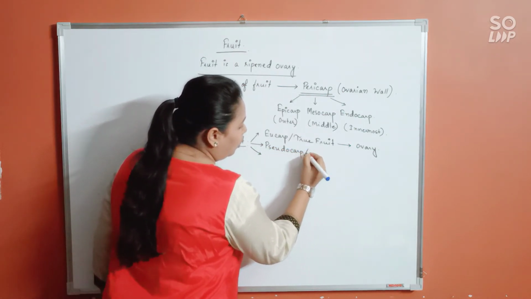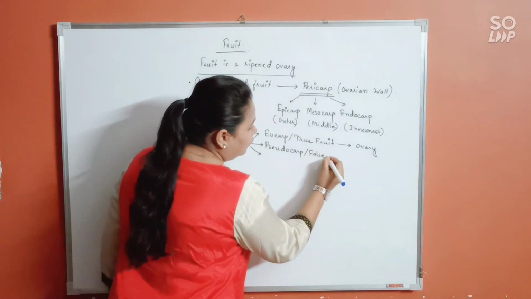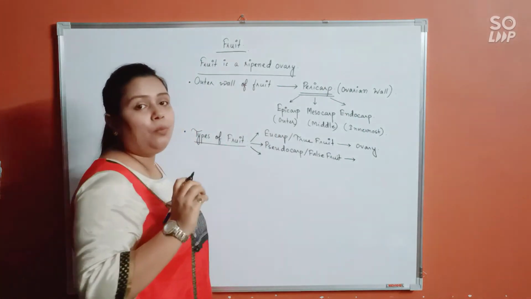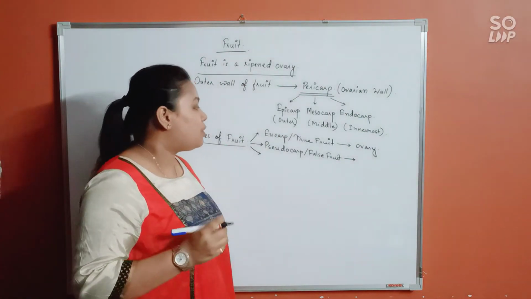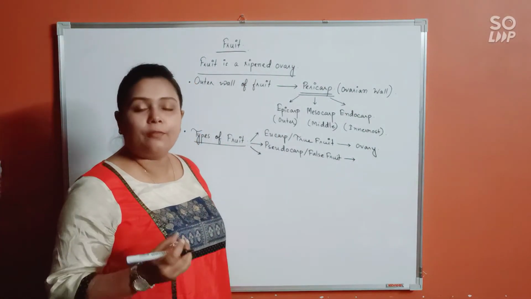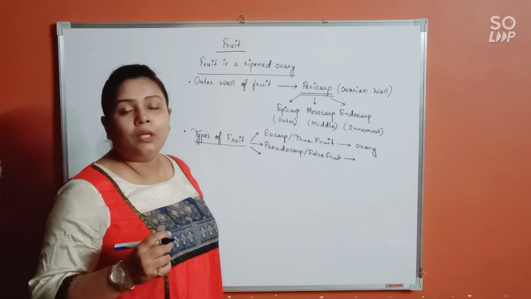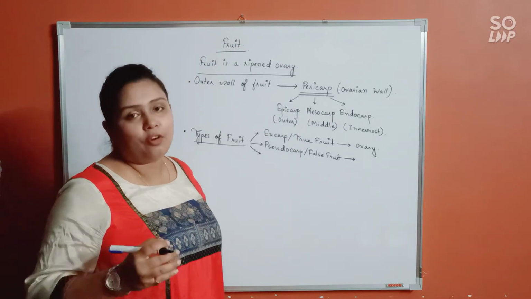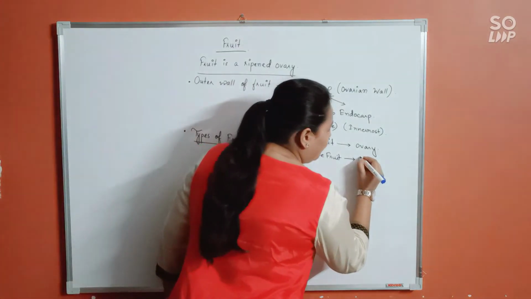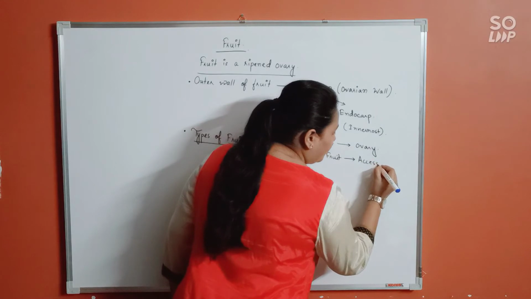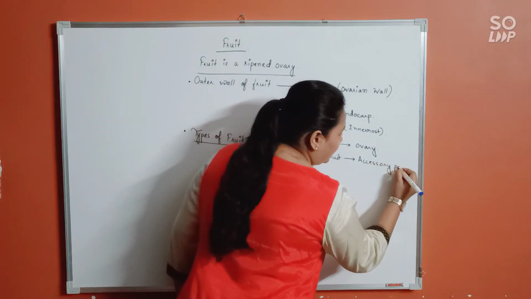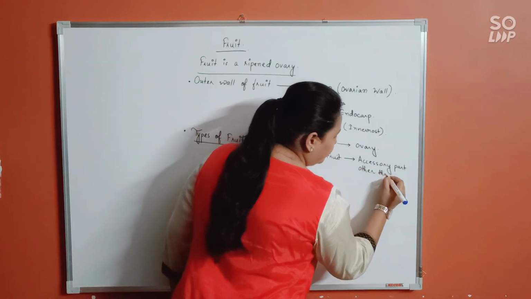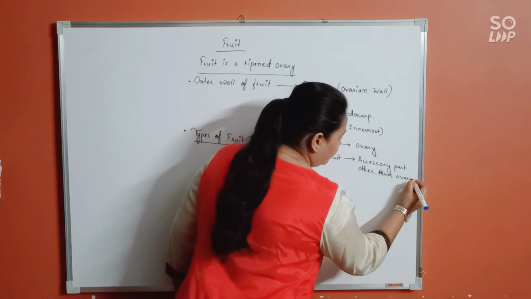The second one is pseudocarp, or false fruit. As you already know, pseudo means false. So pseudocarp or false fruit means a fruit that develops from some other floral part, some accessory part other than the ovary, right?